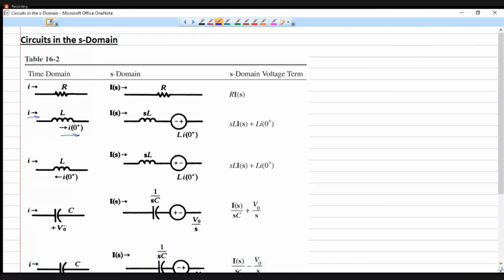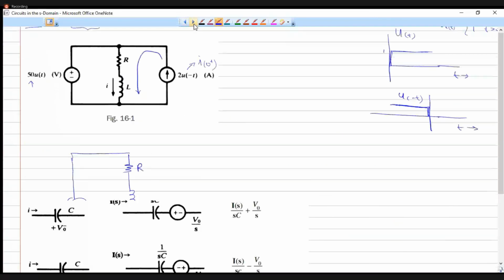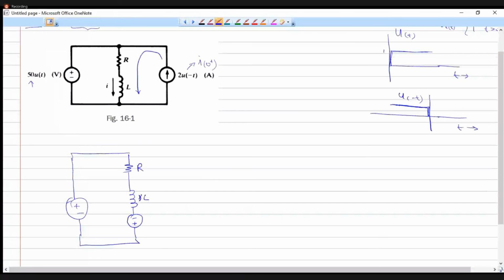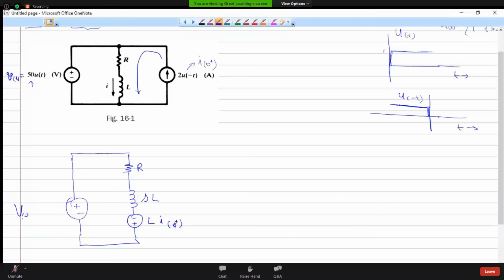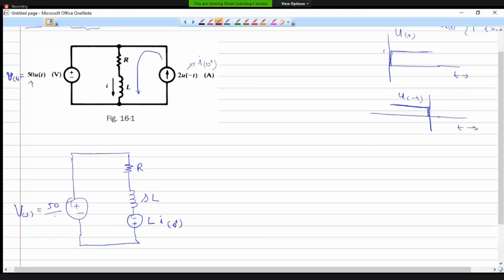The inductance L is replaced with S into L, and the voltage is written as L into I of 0 plus. And what about this voltage? We have V of t equal to 50 into U of t, so we can write V of S equal to 50 divided by S.